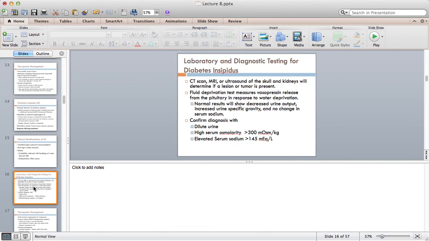But in the face of diabetes insipidus, what is happening is that you will see an increase in urine production, and also you will see that the specific gravity of that urine is decreased.